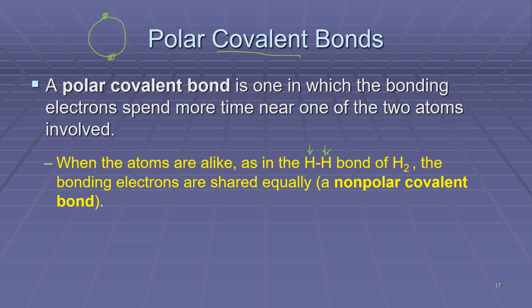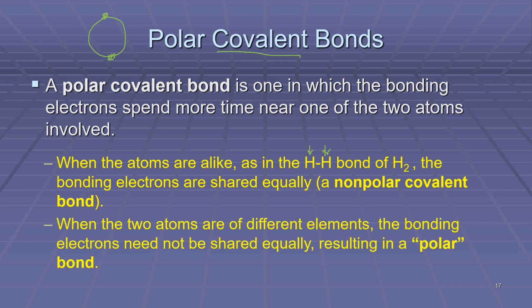But if the bond is between the same 2 atoms, then of course they have to share them equally. It's almost like a tug of war. If one pulls harder than the other, you're going to be unequally sharing them. But if they're the same identical strength, they're going to pull evenly. So this is considered a nonpolar bond. But if the atoms have different electron affinity, then they're not going to necessarily share these electrons equally, and that leads to a polar bond.